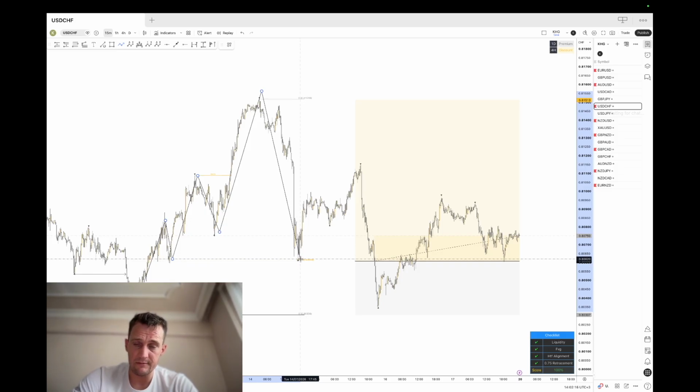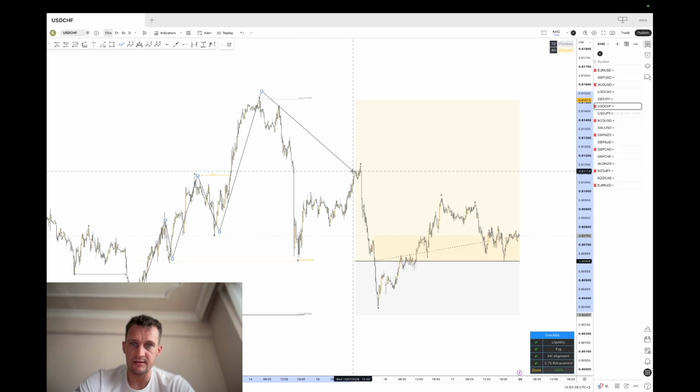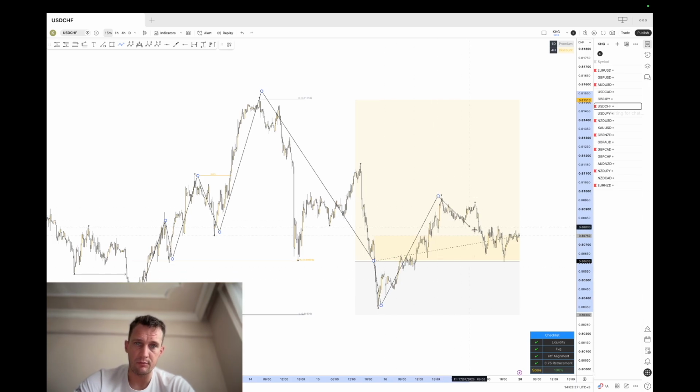This strategy is solely based off of pending orders. Just because it didn't trigger your pending order here doesn't mean that it's not going to trigger here. See how it triggers over here and then moves back down and then goes back up into profit and goes back down.